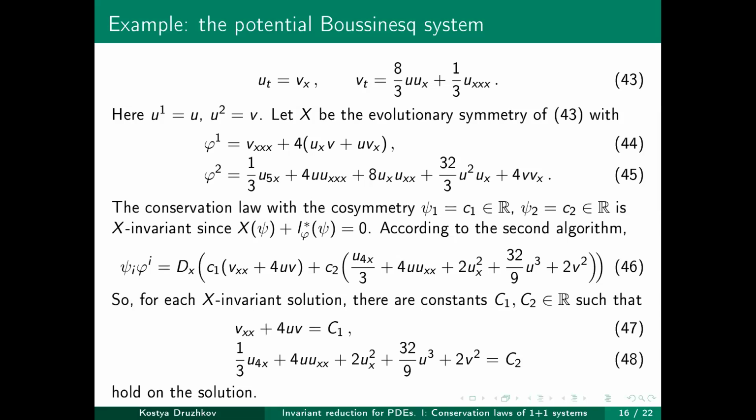So for each x invariant solution, there are constants C1 and C2, just real numbers, such that formula 47 and formula 48 hold on the solution under consideration. This is how it works.